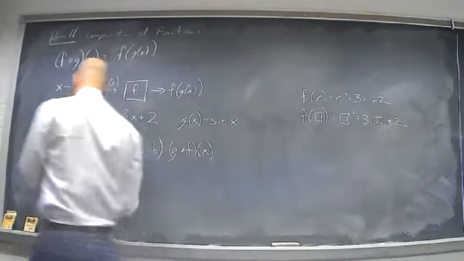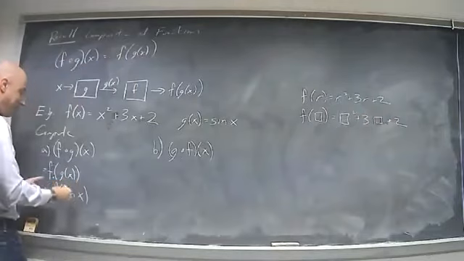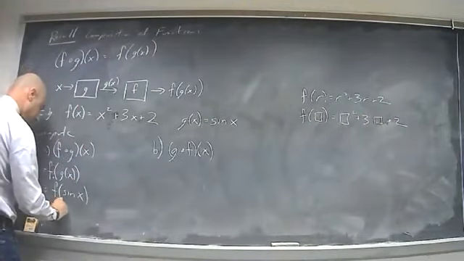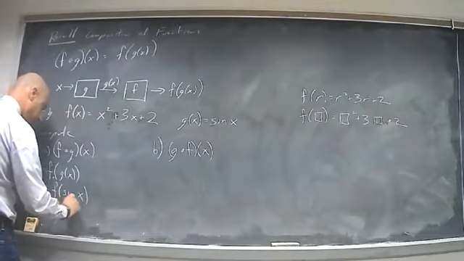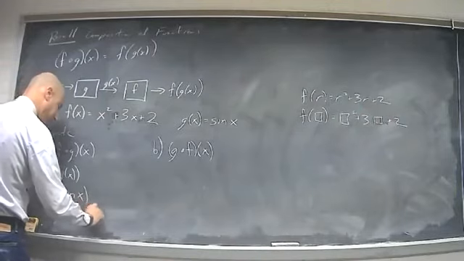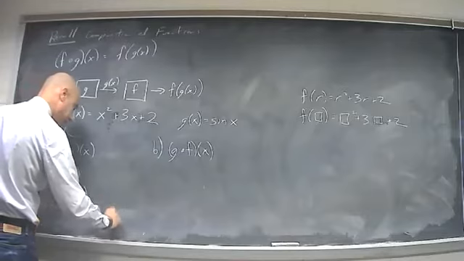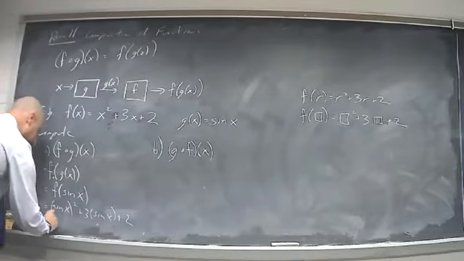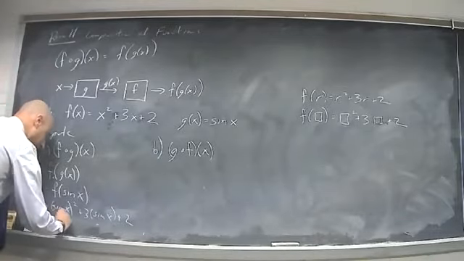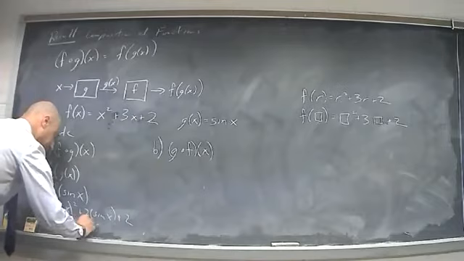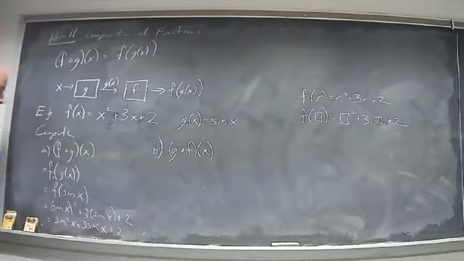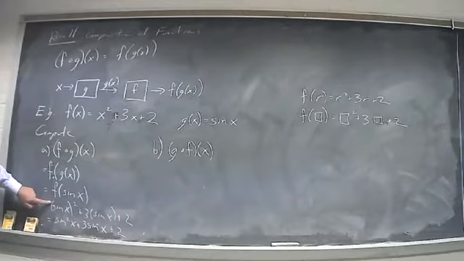So f of sine x, this time sine x is your box. So this is sine x all squared plus 3 times sine x plus 2. And I suppose if you want to write this as sine squared x plus 3 sine x plus 2, that would be great also. But this is perfectly acceptable.